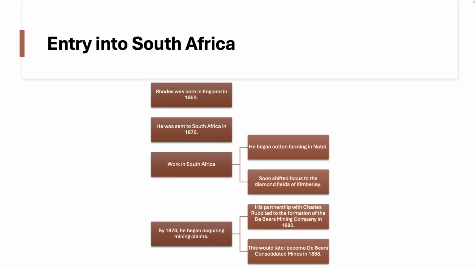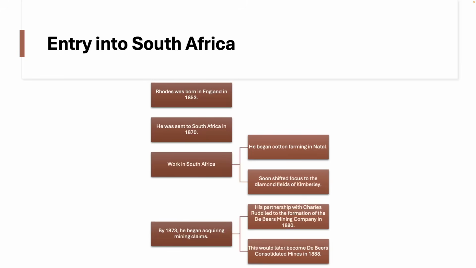So he rose through the ranks, really, as the classic capitalist imperialist of the South African period, beginning in cotton farming, then shifting his focus towards diamond mining, and then founding his own corporation, which becomes part of De Beers Consolidated Mines, consolidating the control over the majority of the world's diamond production. So it wasn't a small company, this was a big endeavour.